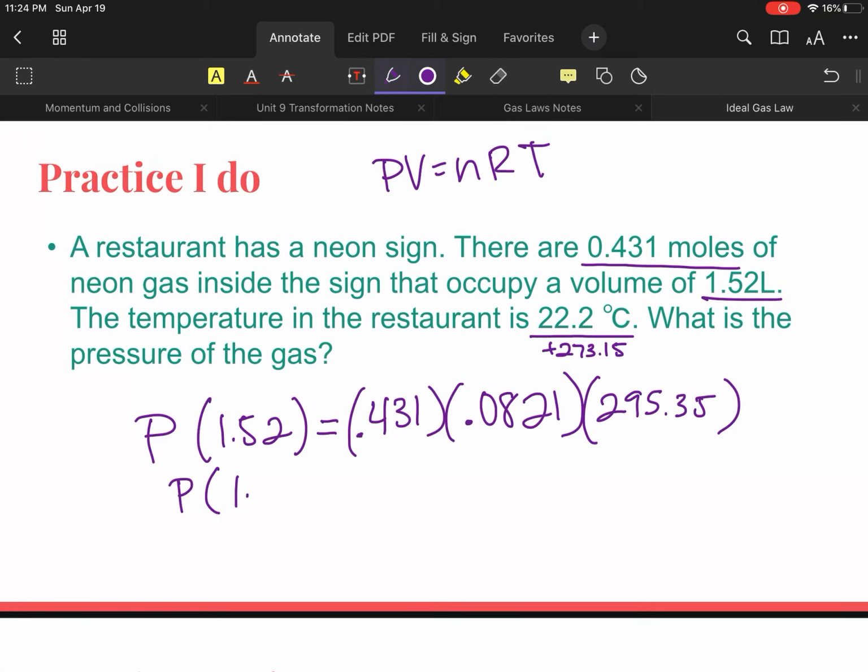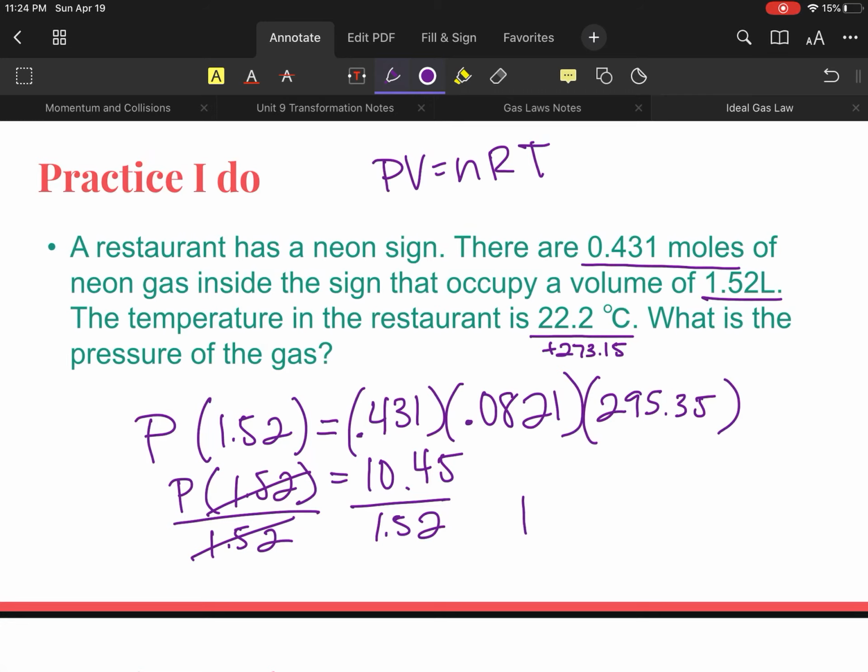So 295.35 is my temperature. When I multiply all those together, I get 10.45, and then I can divide by this 1.52.